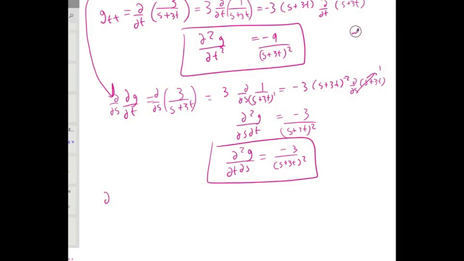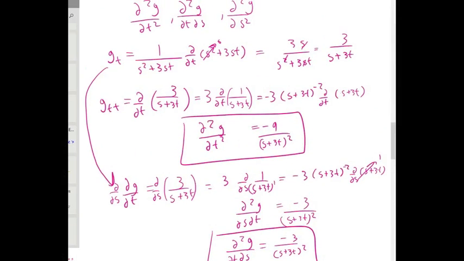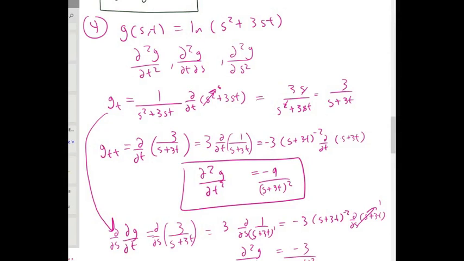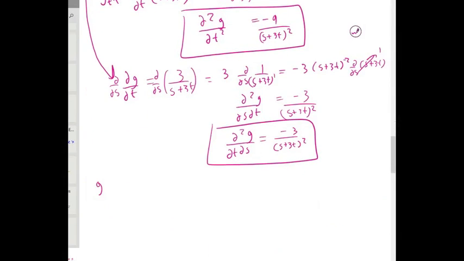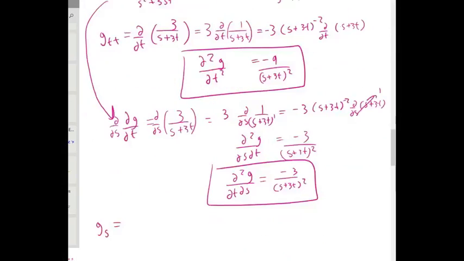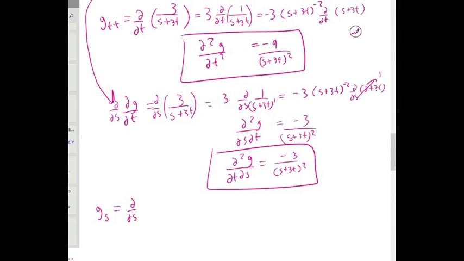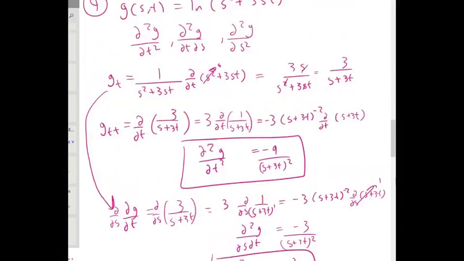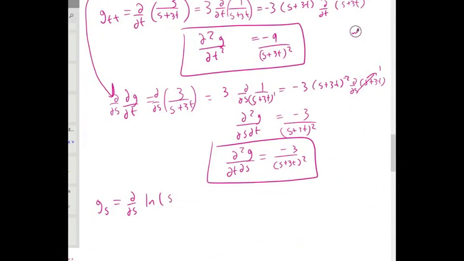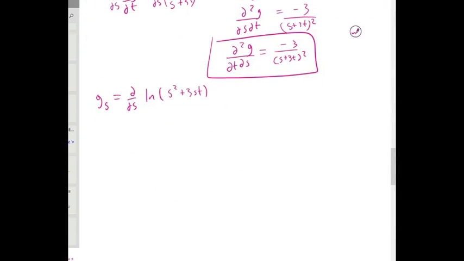So now we want to find the second derivative with respect to s, so we're going to have to start over. So we're going to take the s derivative of ln of s squared plus 3st. So we're going to have 1 over s squared plus 3st times the s derivative of s squared plus 3st.